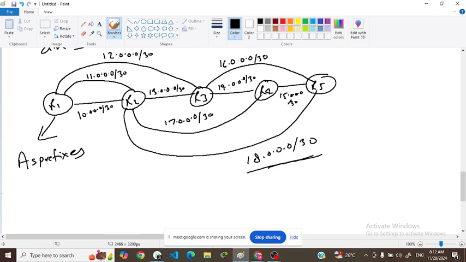So prefixes will be in lakhs; you will have to configure lakhs of networks. So there is a limitation of the IGP protocols. I think they cannot handle more than 50,000 prefixes in the routing table.